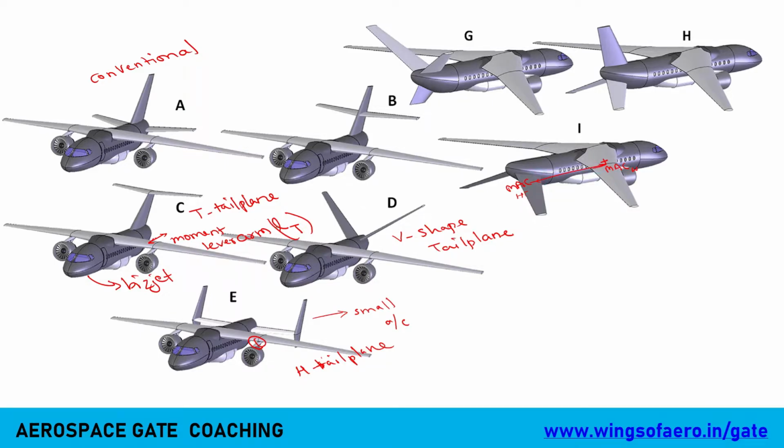There are two types of moment lever arm: one is the fin lever arm and the second is the tail lever arm. If we have a horizontal tail, it is defined as the tail moment lever arm or tail lever arm. If we have a vertical tail and we measure the distance, that is called the fin lever arm or vertical tail fin moment lever arm.